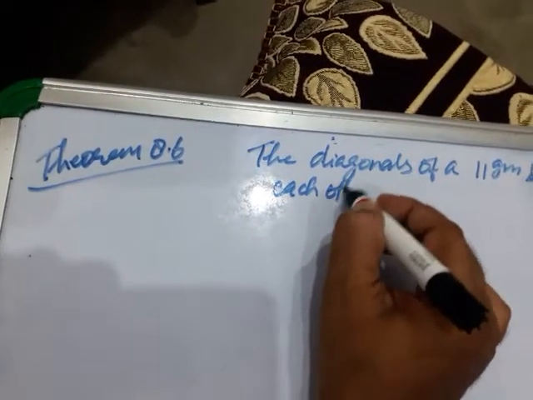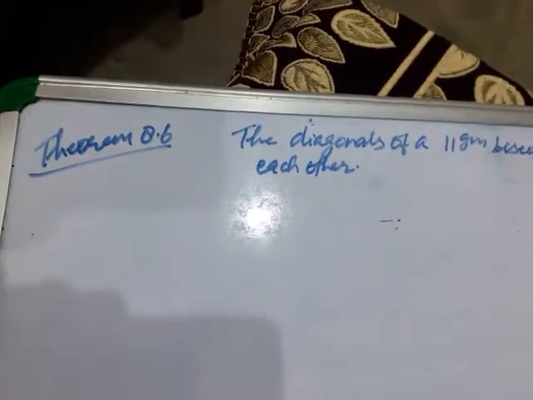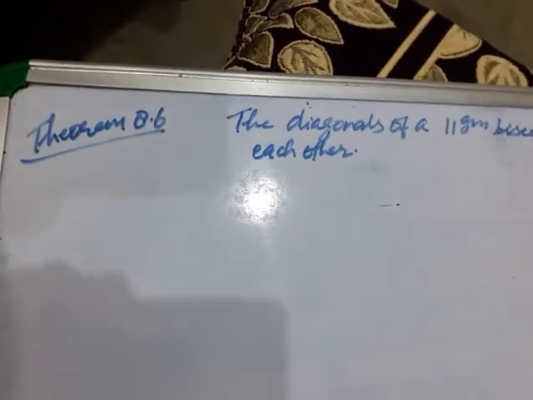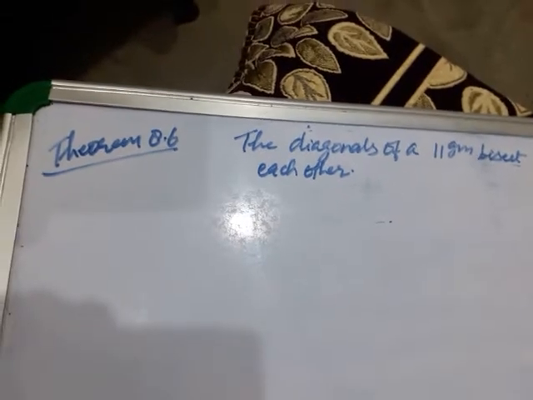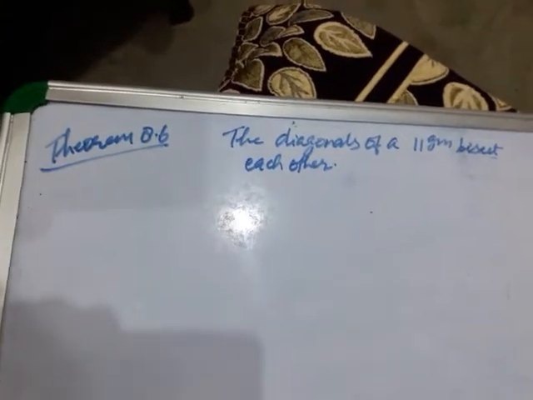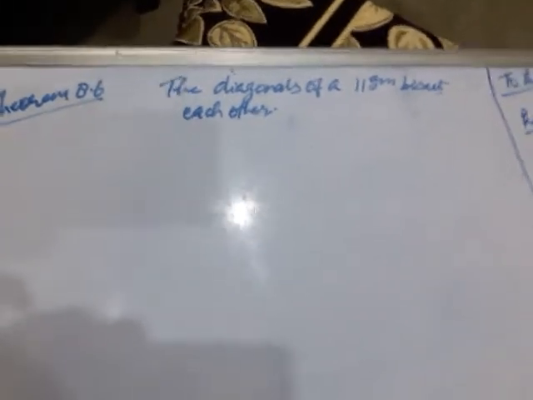What is the meaning of bisect? Bisect means to divide into two equal parts. Trisect means to divide into three equal parts. Okay children, so the diagonals of a parallelogram bisect each other.